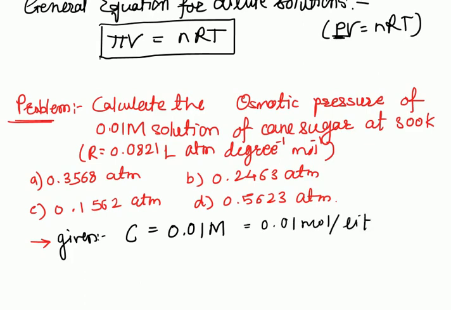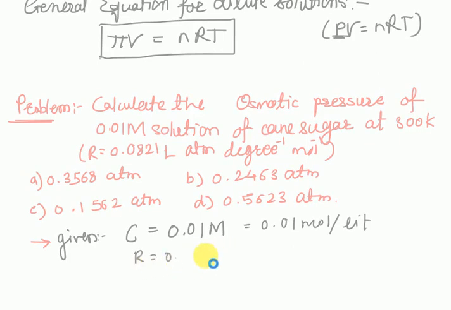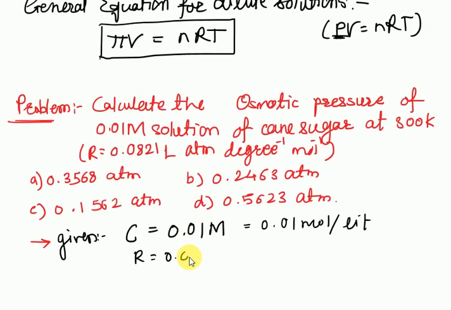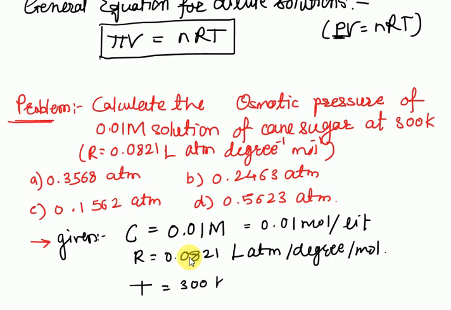R is given here as 0.0821 liter atmosphere per degree per mole, and T is equal to 300 Kelvin.